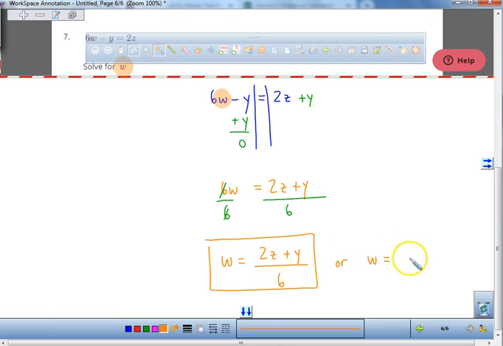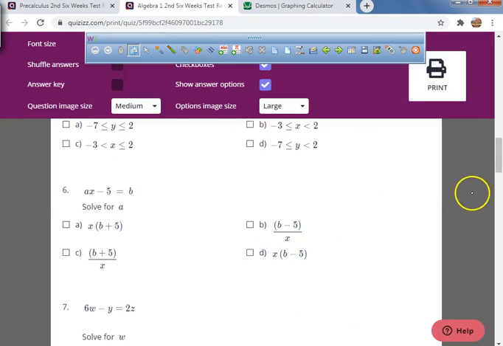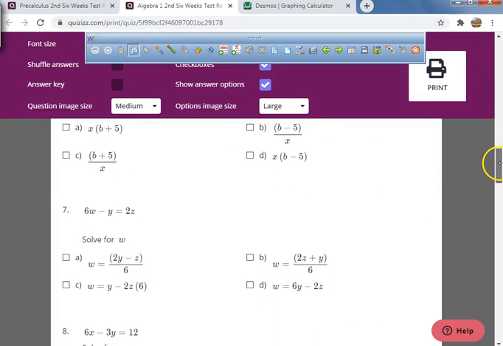All right, so if I wanted to, I could put z over 3 plus y over 6. This is also equivalent. These are equivalent expressions. So how did I get z over 3? Because 2 goes into 6 how many times? 3. And then y over 6 just stays y over 6. These mean the same thing. All right. Moving on. Ooh, very good.